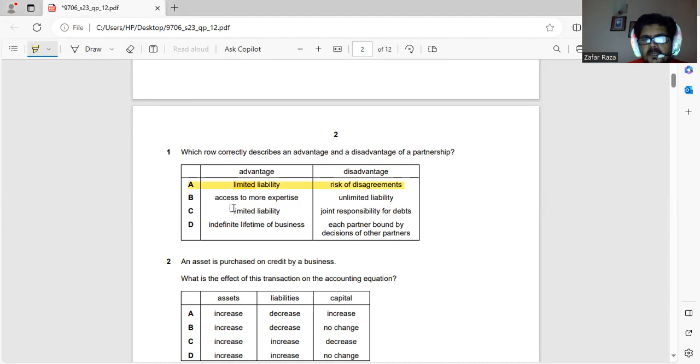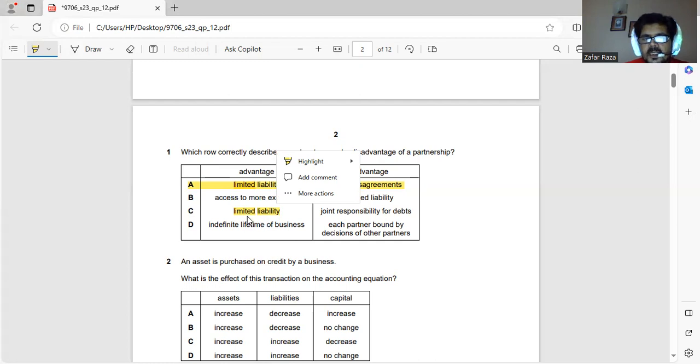A can't be the advantage of partnership because limited liability can't be the advantage of partnership. Like this, A and C, these options are useless.